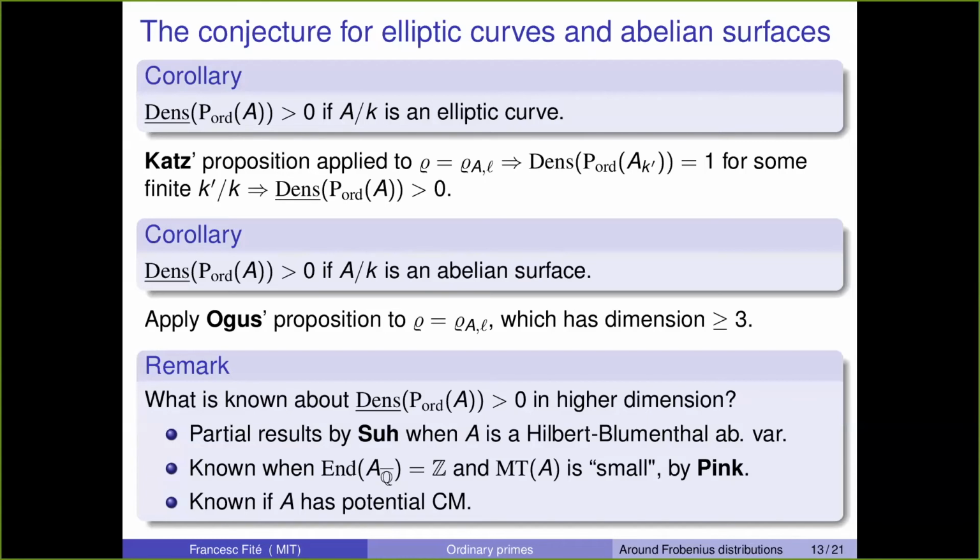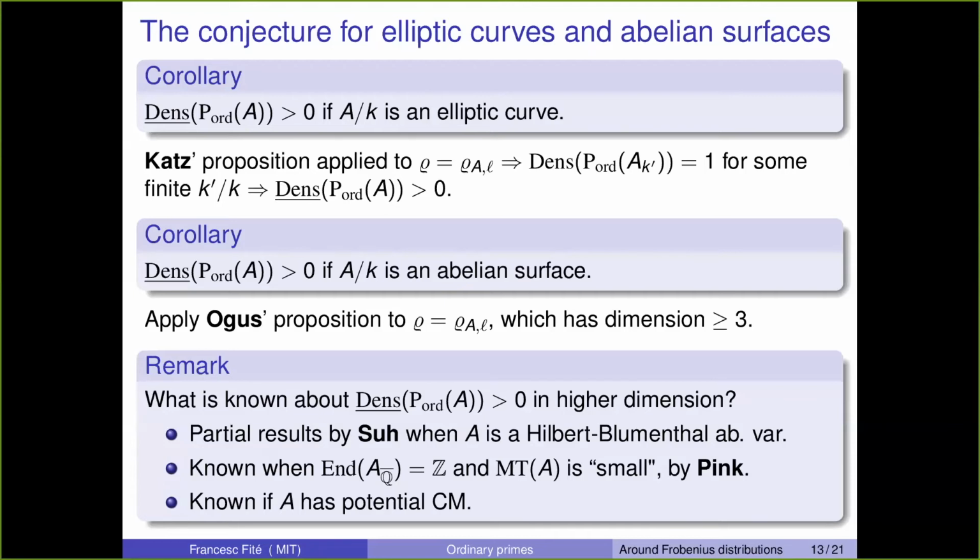Like, for example, in the examples by Mumford of dimension 4. And this is a result due to Pink. And finally, another case where the conjecture is known is the case in which A has potential complex multiplication. And we will get back to this soon.